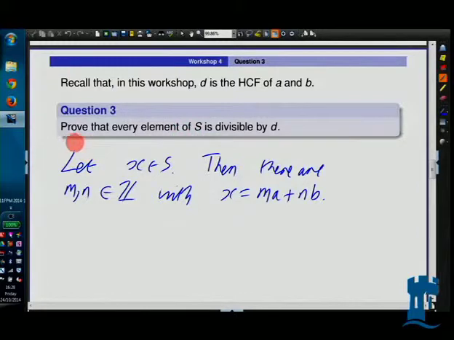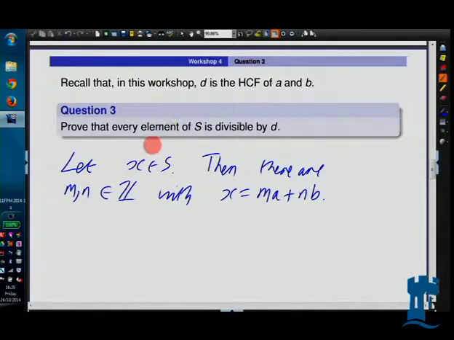Notice, if you have to prove something about every element of S, the start of a proof that something's true for every almost always starts with a let x be in S. The reason you might think, why have I taken just one thing in S when I'm supposed to prove something about every element of S?